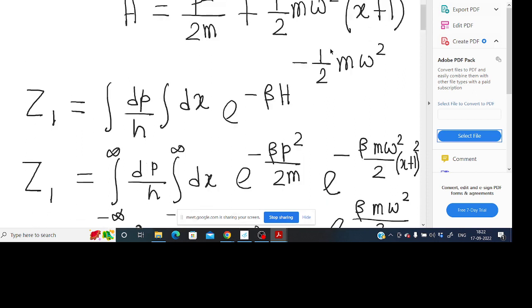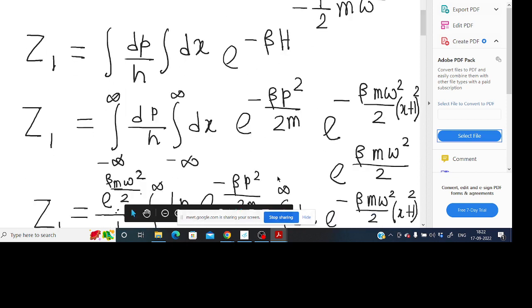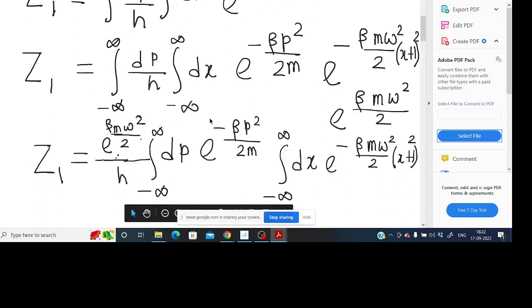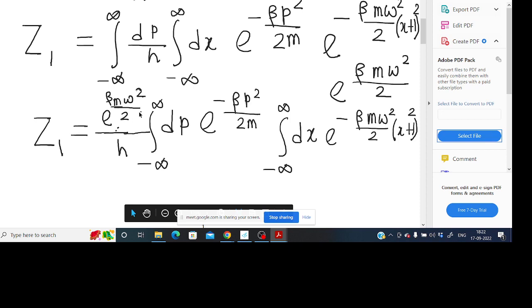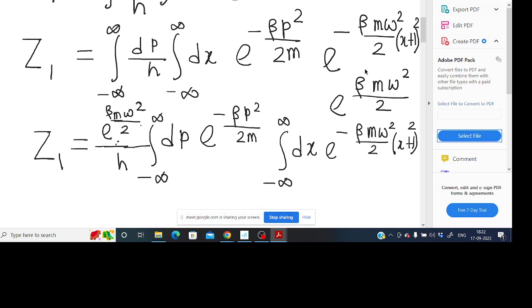Now I put this Hamiltonian here, just replacing it. So this term is independent of x and p, so I will keep this out of this integral.